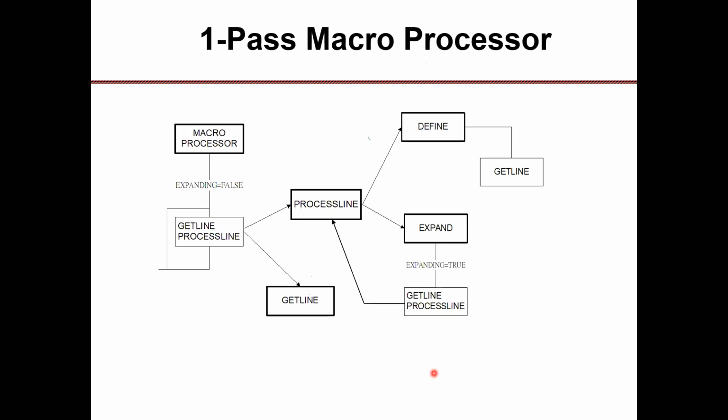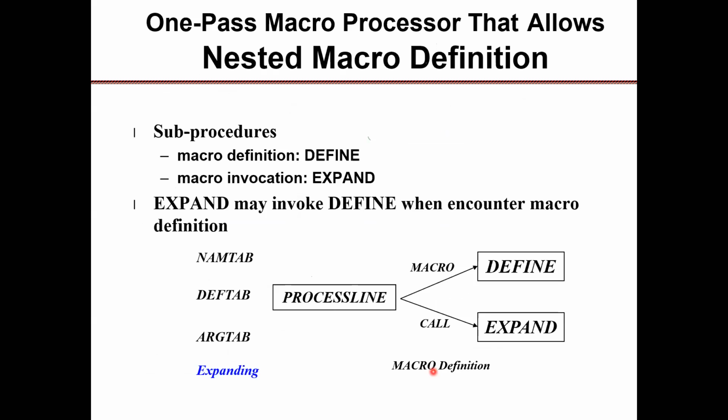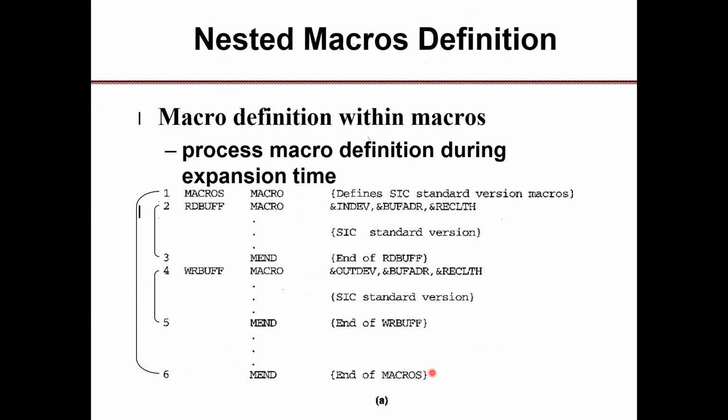So if you recall the code back here, going back a little bit, we had defined macros, and then we had defined read buff and write buff before we finished defining macros. So we started defining macros, then we started and ended read buff, started and ended write buff, before we finished defining macros.